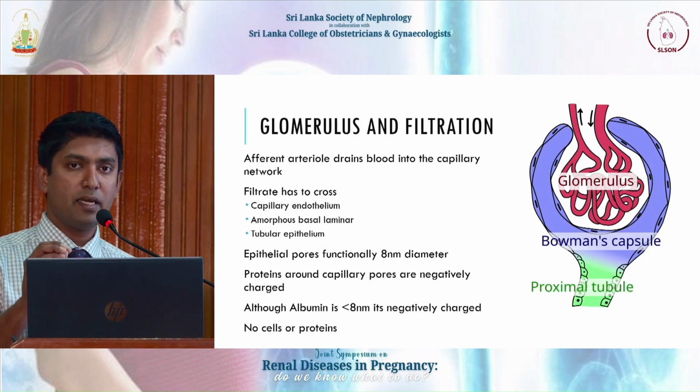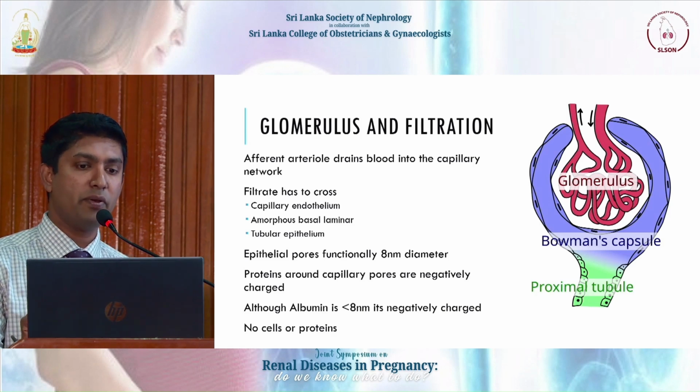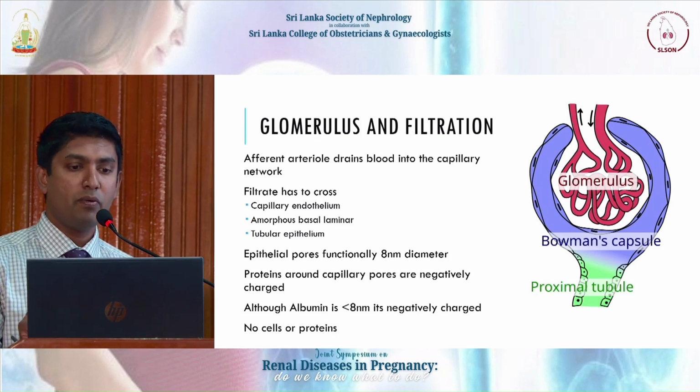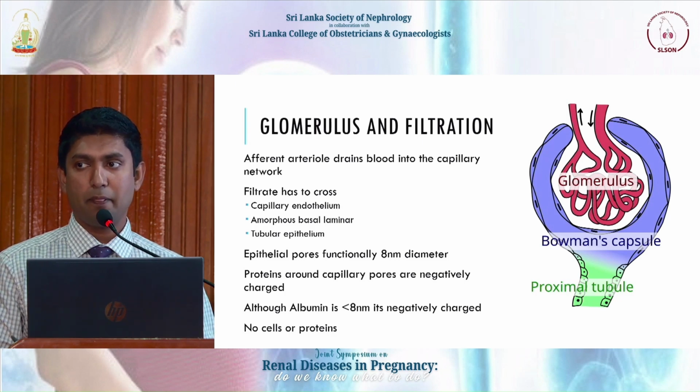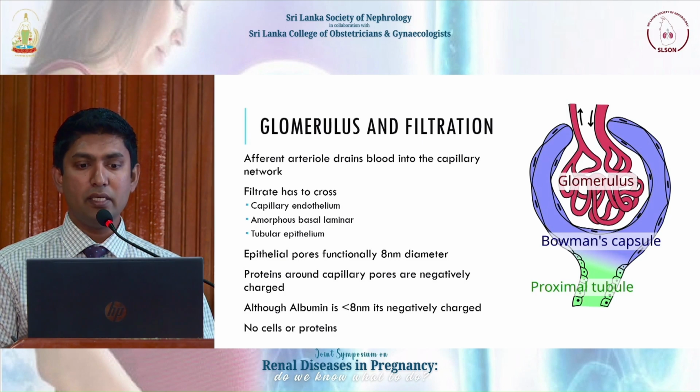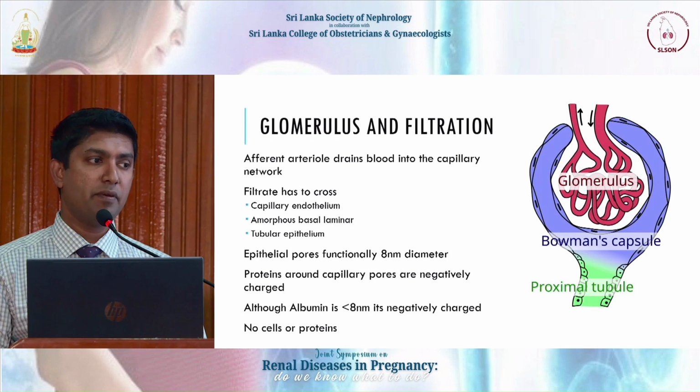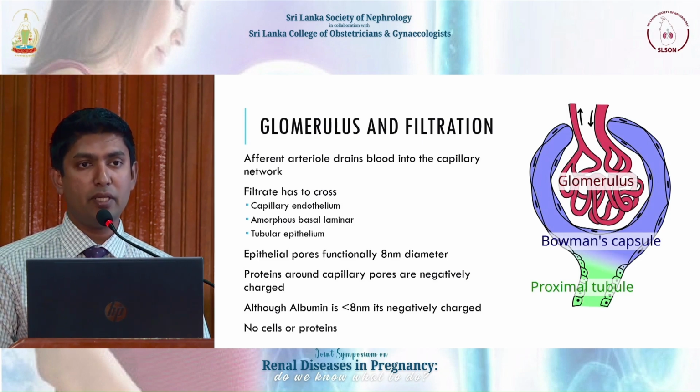Now let's go into slightly deeper knowledge of glomerular filtration. I talked about the afferent and efferent arterioles. The filtrate has to cross mainly 3 layers: the capillary endothelium, the basal lamina, and the tubular epithelium. There are pores in the afferent arteriolar capillary endothelium.